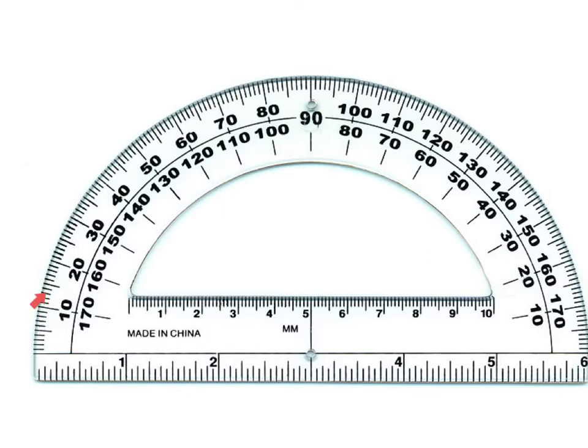That's 10 degrees, 20 degrees, 30 degrees, 40 degrees, and so on. Each one of these lines represents 1 degree, but you have to count. So if it was on this line right here past 30, it would be 33 degrees.